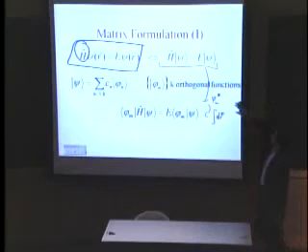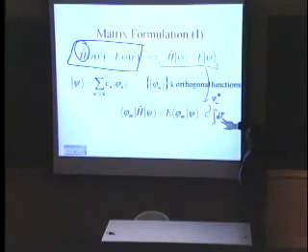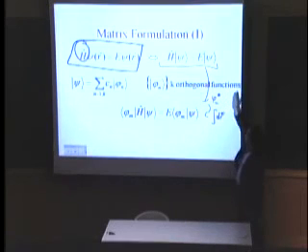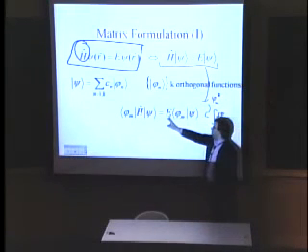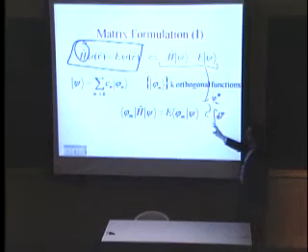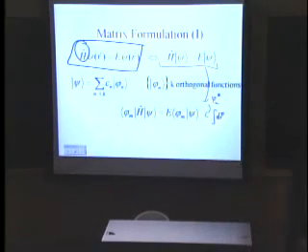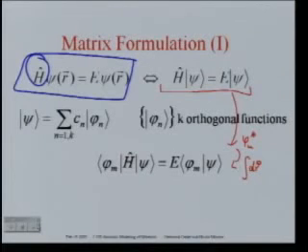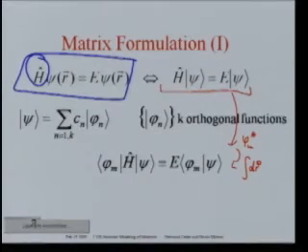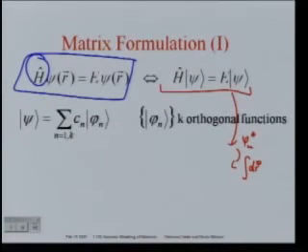I multiply E times psi by phi m star and I integrate over space. Now E is just a constant, so it can come out of the integral sign, and what I'm left with is the integral of phi m star times psi. And again, it's very important that you go back just after this class and rewrite explicitly all these algebraic terms to make sure that you become comfortable with them. Okay, so I've done this operation.